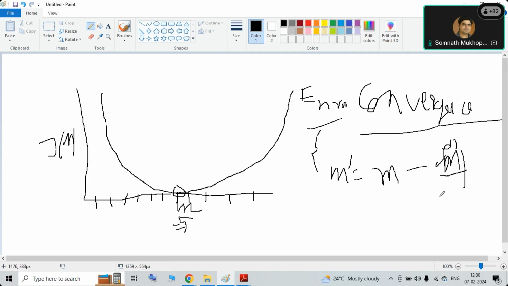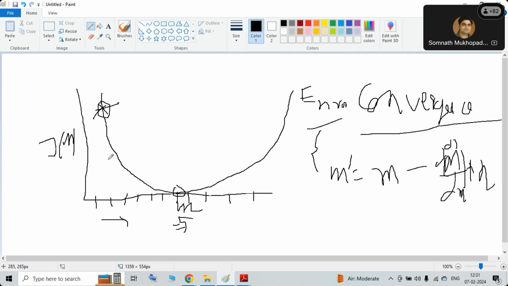So m dash, the updated m, equals the old m minus dJ(m)/dm, of course, this is the cost function, times some learning rate eta. In this case, we try with different m values and find which one gives the best solution.